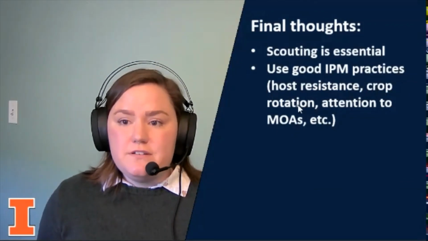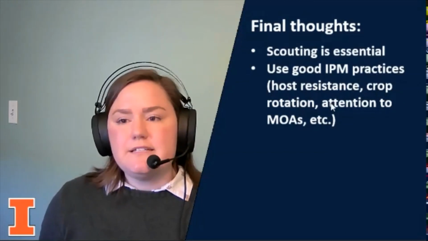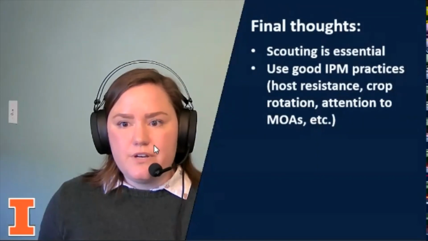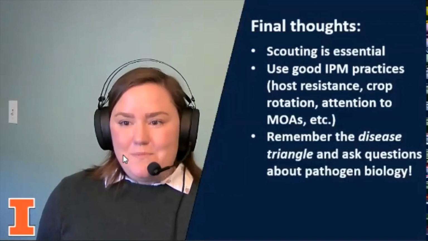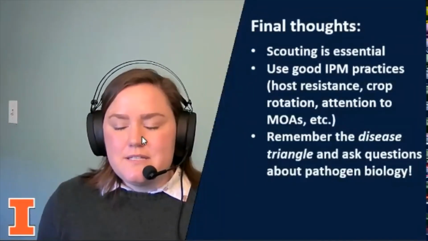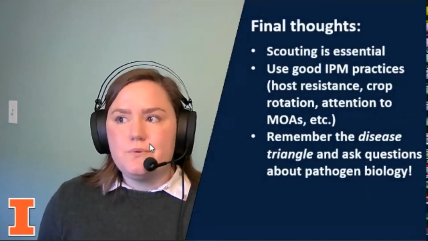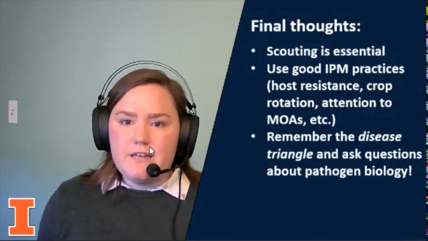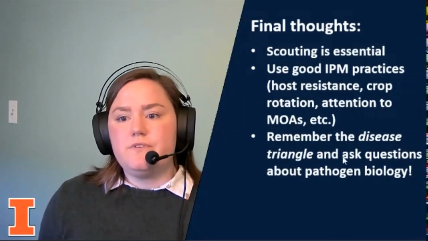Crop rotation is also obviously really good IPM practice, and be mindful of the modes of action that you're putting out there. And again, I'm asking you one more time to remember the disease triangle. It's a really simple concept that really can help you be critical when you're thinking about when and how a disease might start developing in your field.